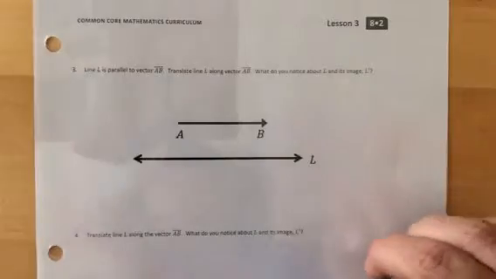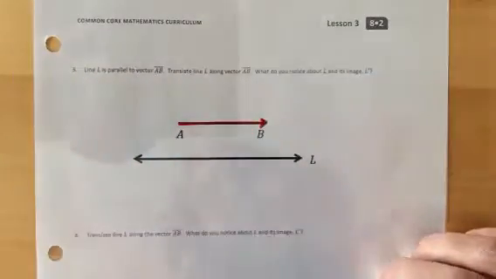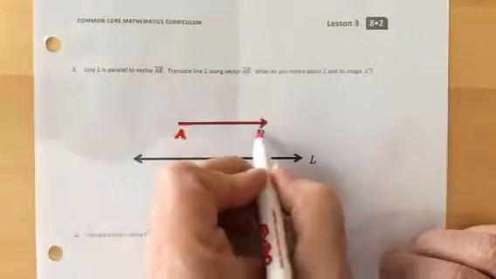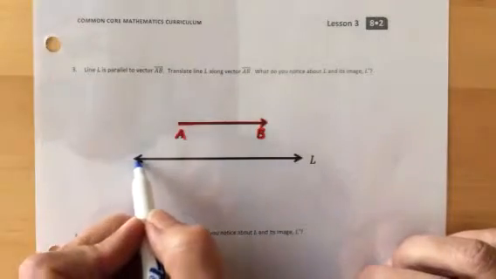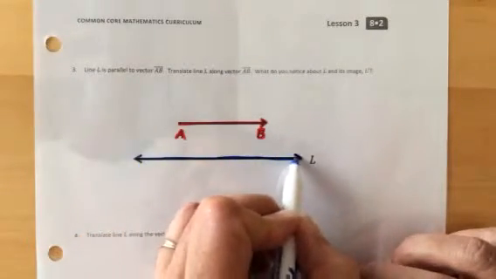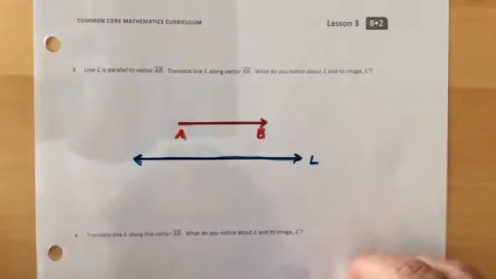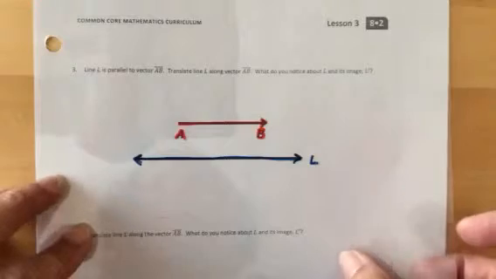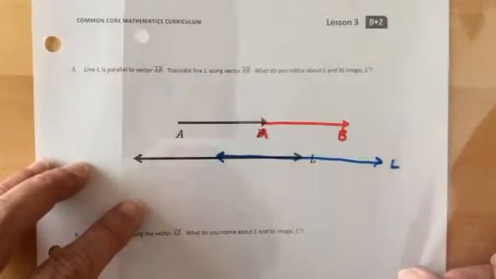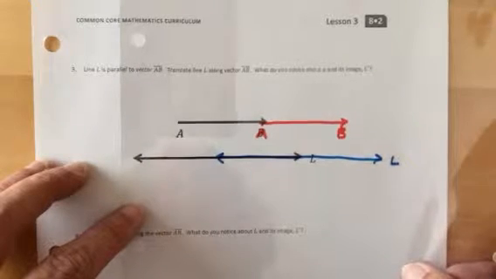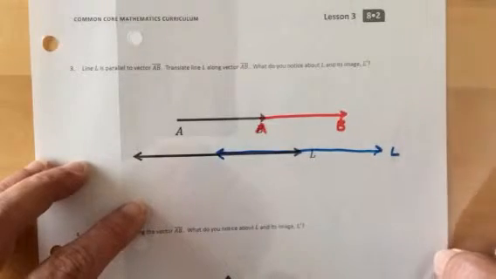Okay, so here's a situation where here's my vector AB, and my line that I want to translate is parallel to the vector. Okay, so what's going to happen in this case? There's L. Okay, so we're going to go ahead and slide it. So remember, we translate, we take our beginning point and match it up to the ending point. Okay, and try to get it right here.